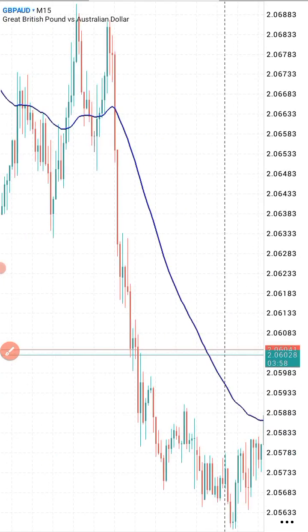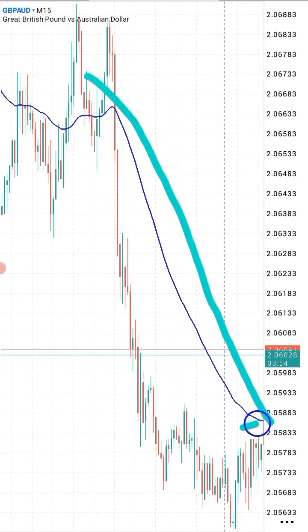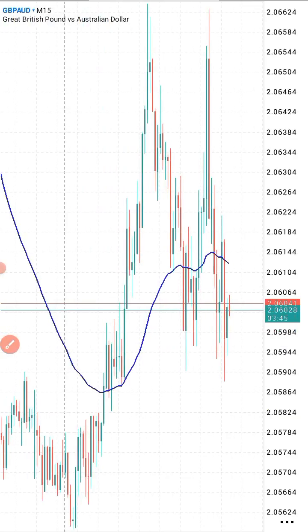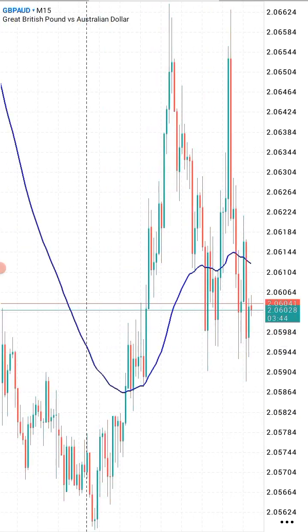Look at this steep slope. It's as simple as this. Now, if you check here, the steep slope is now forming in this direction. That is why I told us that we'll be going bullish by tomorrow, because of the steep slope.